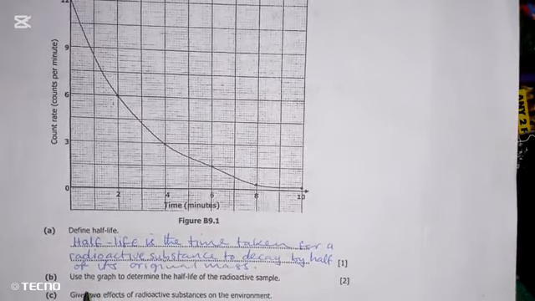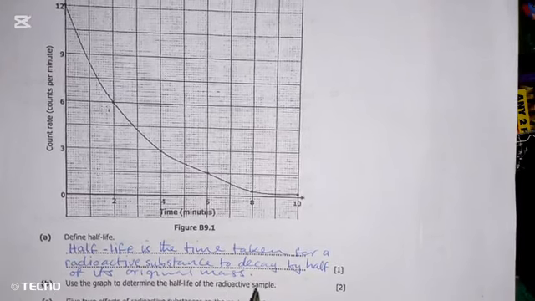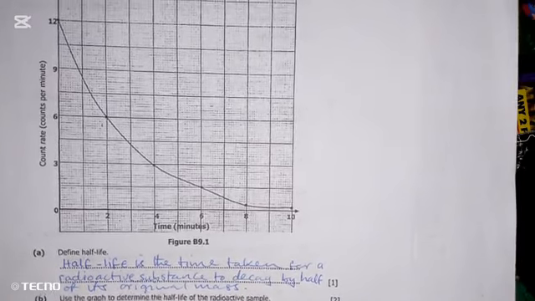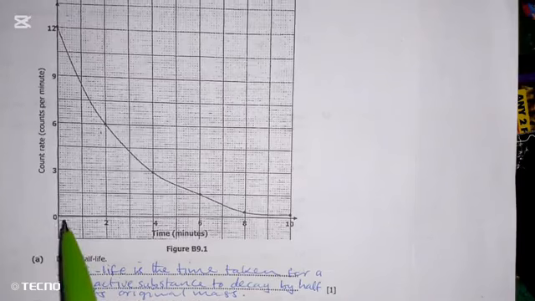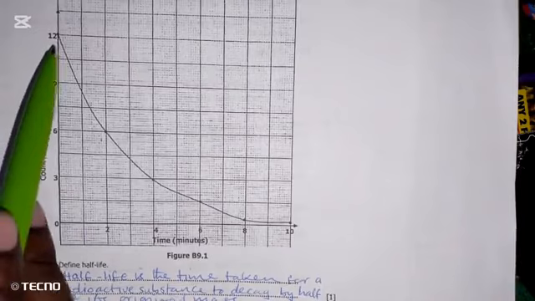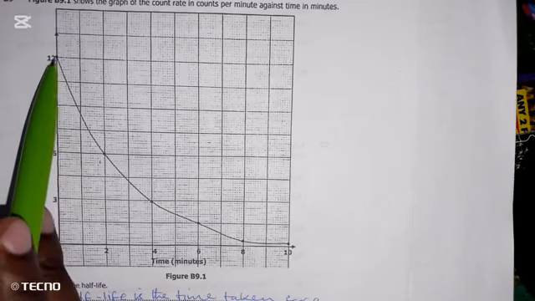Then, use the graph to determine the half-life of the radioactive sample. Remember we are saying the original mass. Starting from 0 here, the original mass is this one here, which is 12.